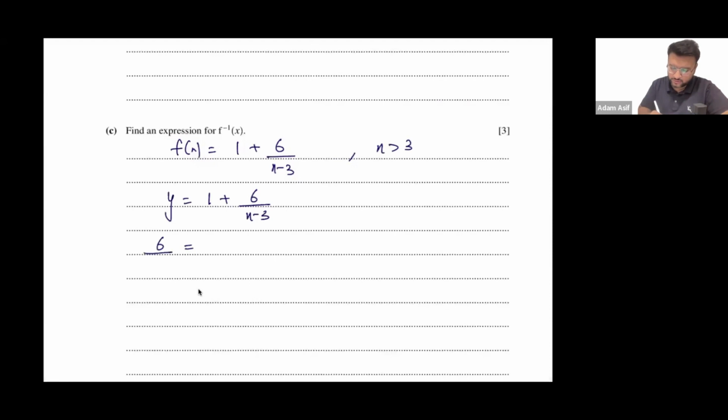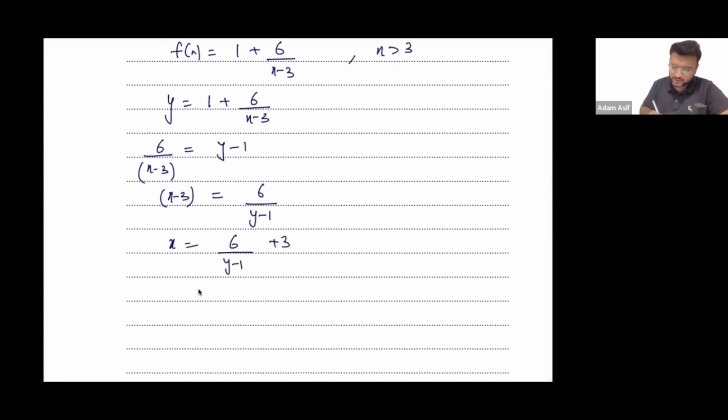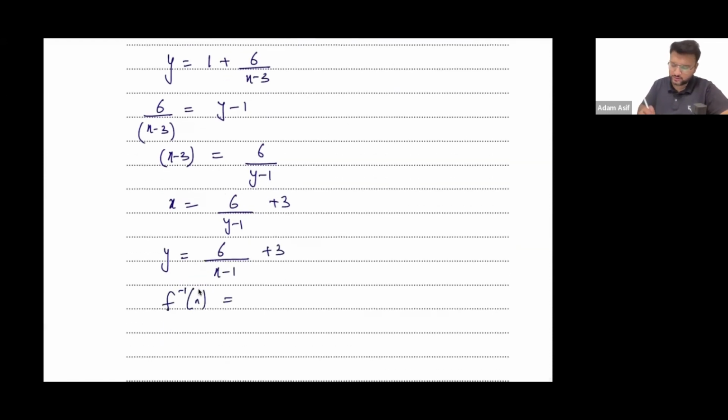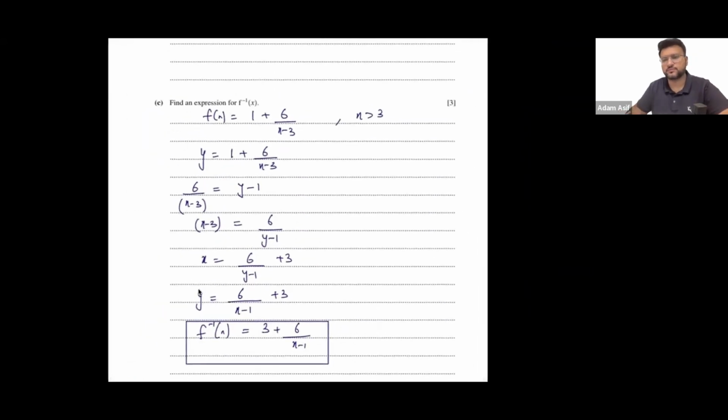So 6 upon x minus 3 equals y minus 1. X minus 3 equals 6 upon y minus 1. X equals 6 upon y minus 1 plus 3. Last step, replace x and y. So f inverse of x would be 3 plus 6 upon x minus 1. That's the inverse function.